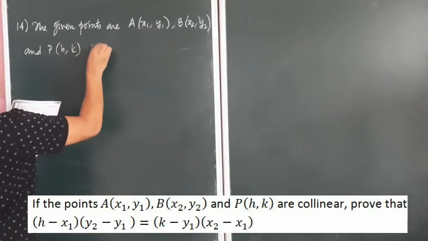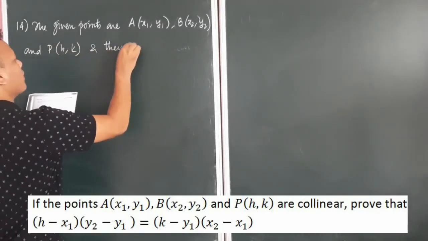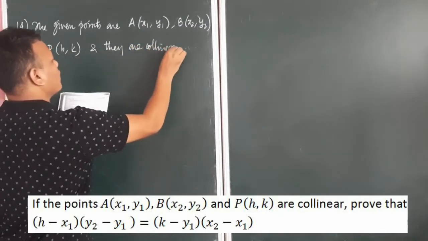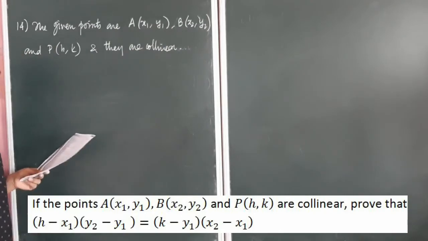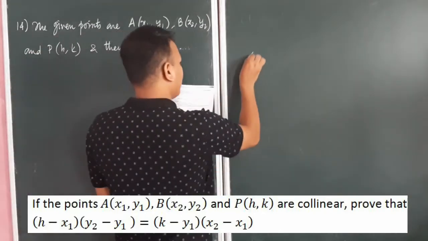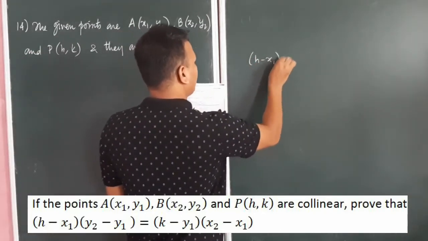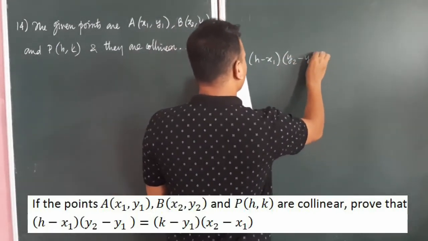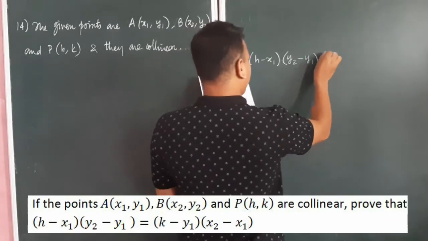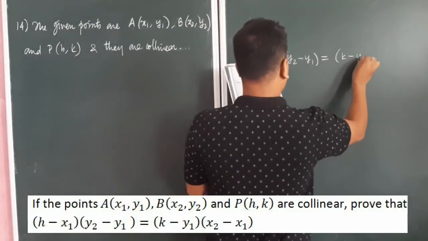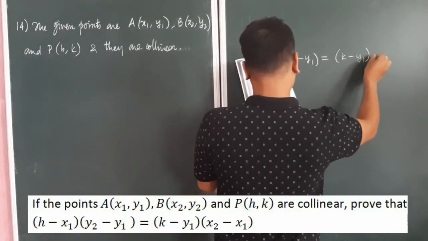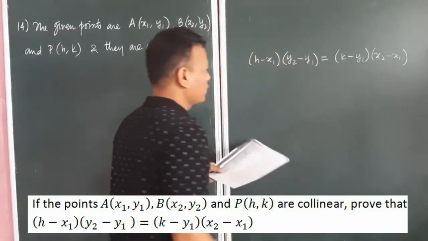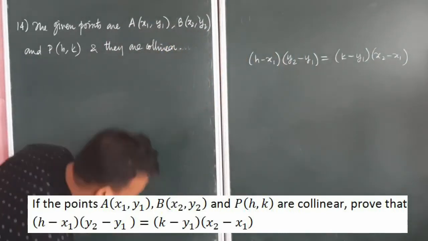And again they are collinear. So what do we need to prove? We need to prove that h minus x1 into y2 minus y1 is equal to k minus y1 into x2 minus x1. Okay, so that's what we need to prove here.